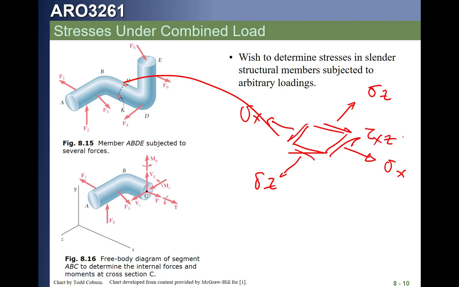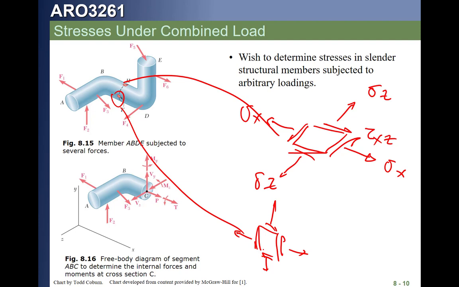And if we pull this little element, we're going to get a little element like this. We're going to get potentially normal stresses and shear stresses. Any of these can be zero or have magnitude.